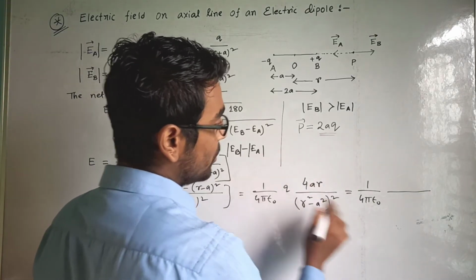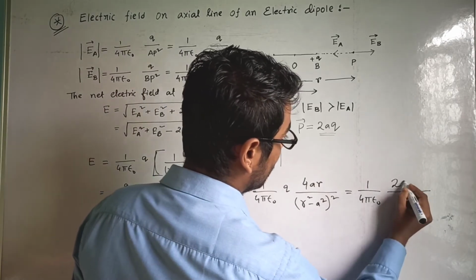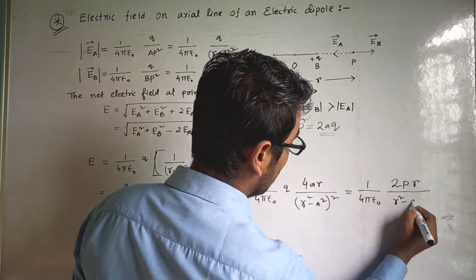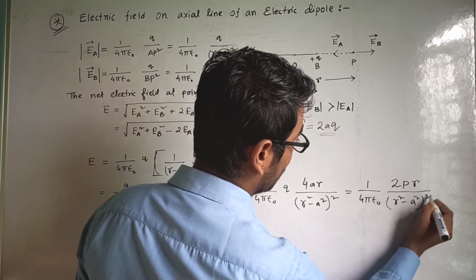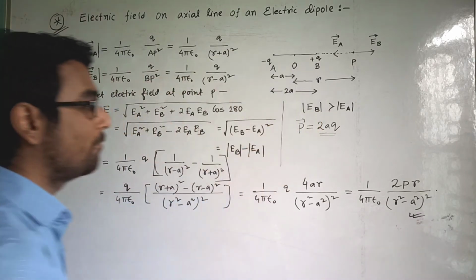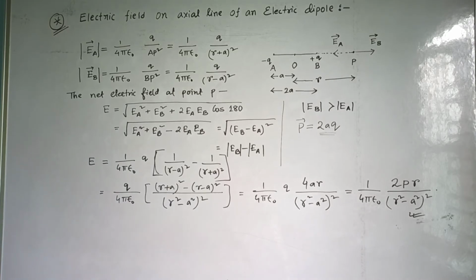So we can put 1 by 4 pi epsilon naught 2PR divided by (R square minus A square) whole square. So this is the ultimate expression for electric field at an axial point of electric dipole.